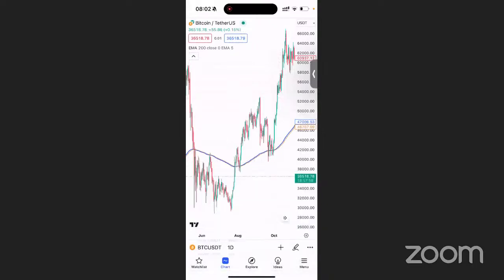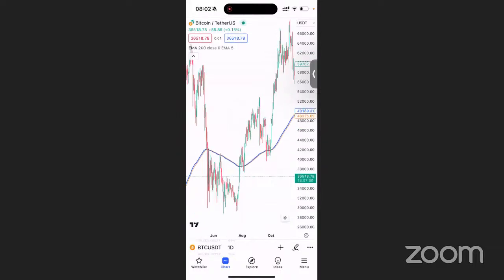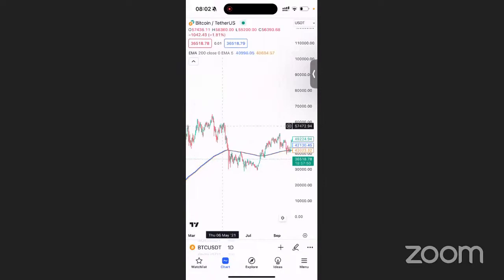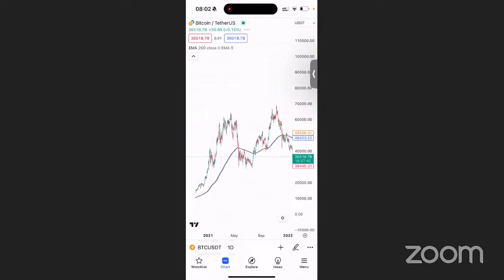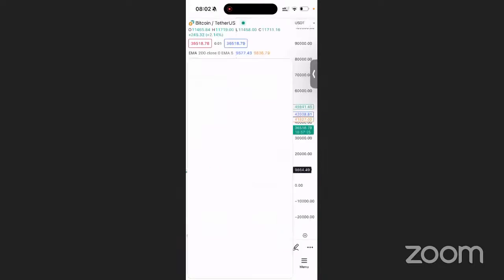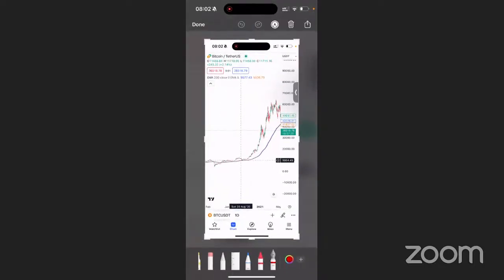In 2021, ladies and gentlemen, let me start from up here. We saw Bitcoin make what we call an uptrend. Let me get a little bit down below to give a proper understanding. In September 2020, we saw a crossover. I want people to see this, so I will take screenshots so that I can annotate them.